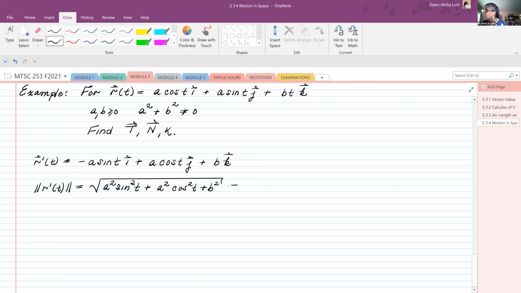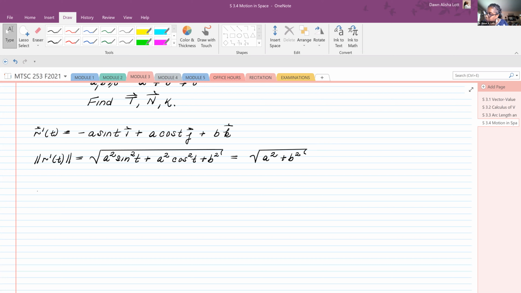And that simply comes out to be the square root of a squared plus b squared. Hence why they both can't be 0.